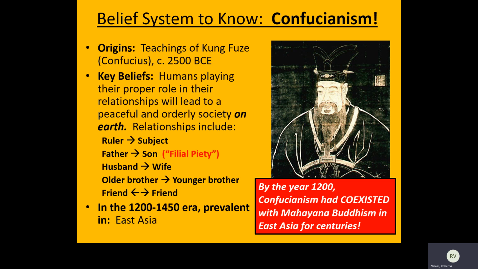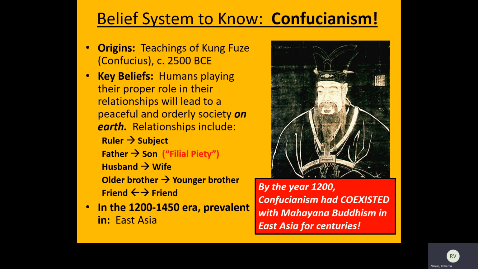I have a mistake there, as I did with the Buddha. Sorry, guys. And the key beliefs of Confucianism, in a nutshell, are this: that humans playing their proper role in their relationships will lead to the establishment of a peaceful and orderly society right here on Earth. Forget the afterlife. We can make things pleasant right here on Earth if we all play our proper role, fulfill our obligation in our key relationships.